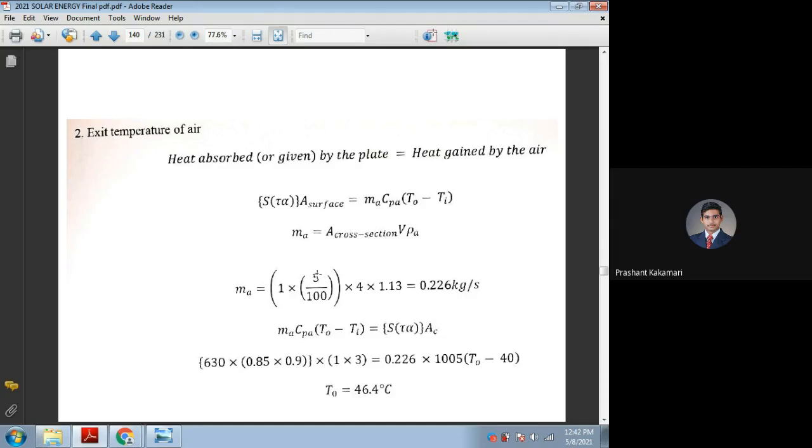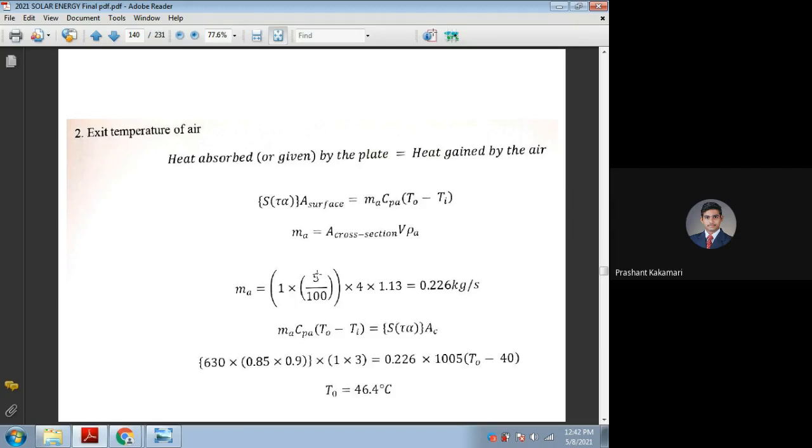So this value you can substitute now. All the values you can substitute, like the mass flow rate of air, m equals 0.226, or you can take the top equation and substitute all the values.